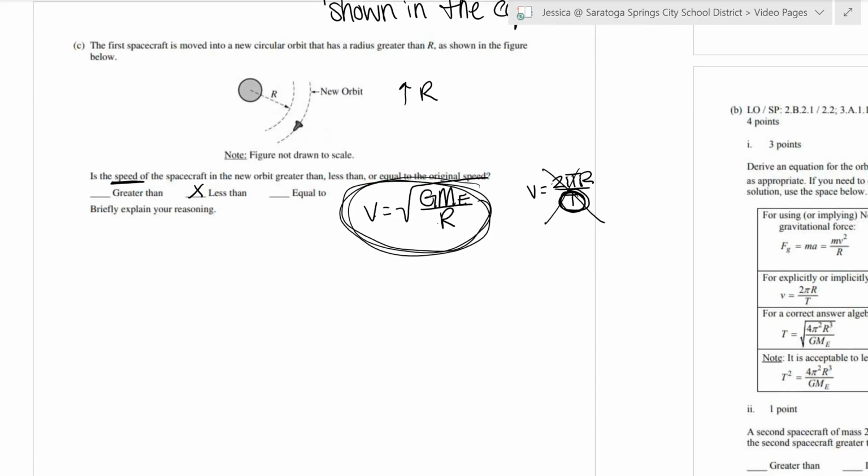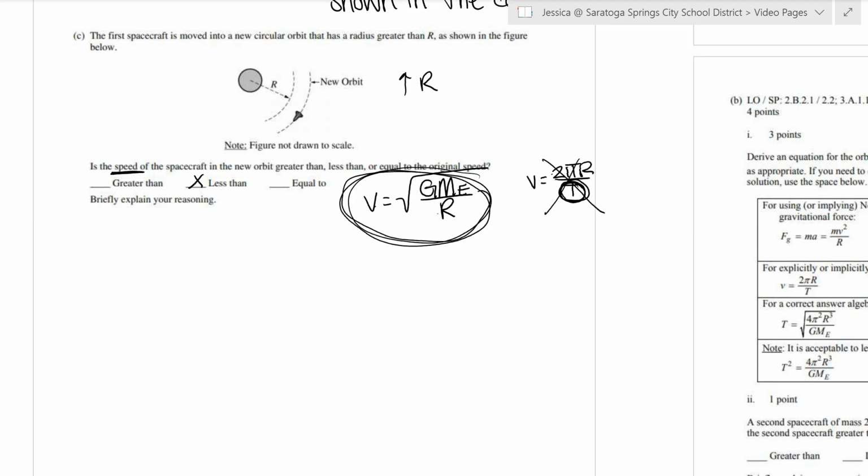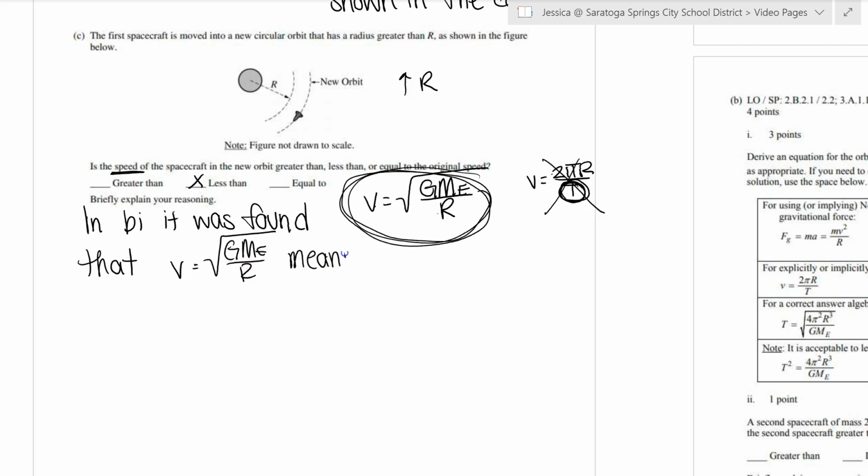All right, so briefly explain your reasoning. Again, what's great is we can use that equation from B1. In B1, it was found that v is the square root of G M_E over R, meaning as R increases, v will decrease.